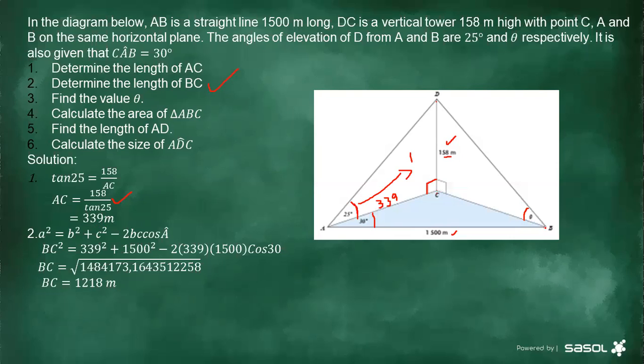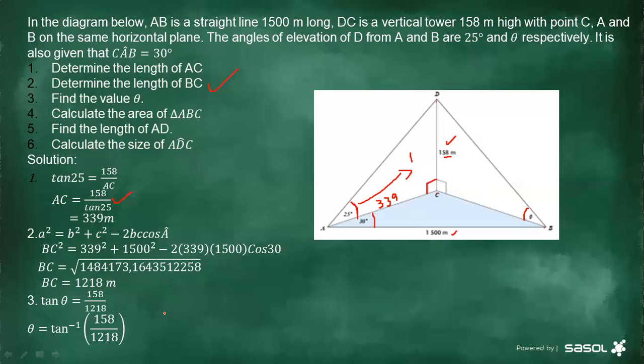Remember, we have just determined the length of BC, which is 1,280. We also have this side of 158. And then obviously we're going to use tan, and from there you press your calculator, shift tan of 158 over 1,280.